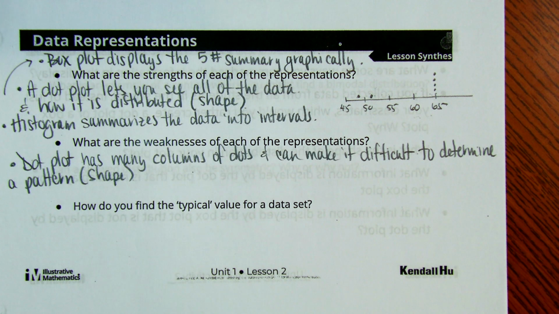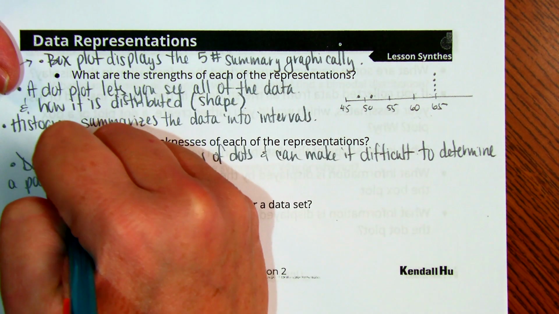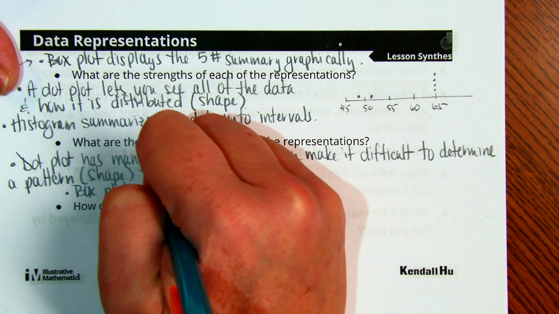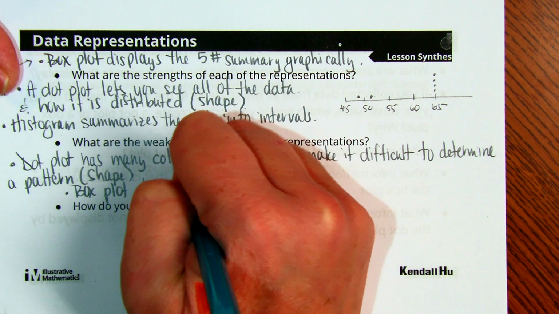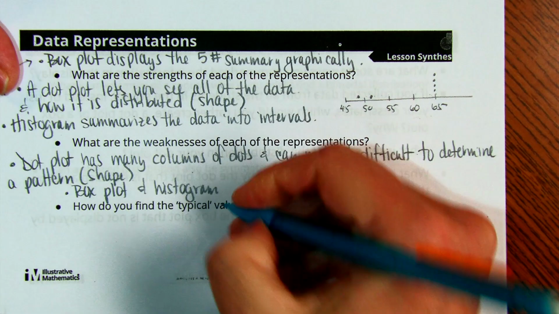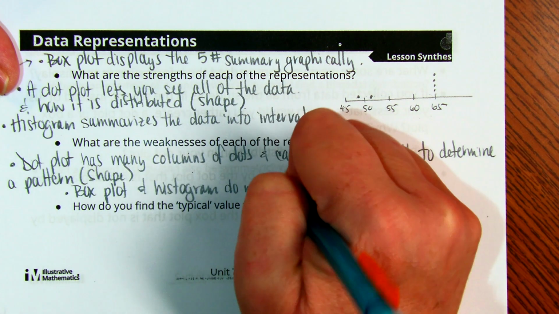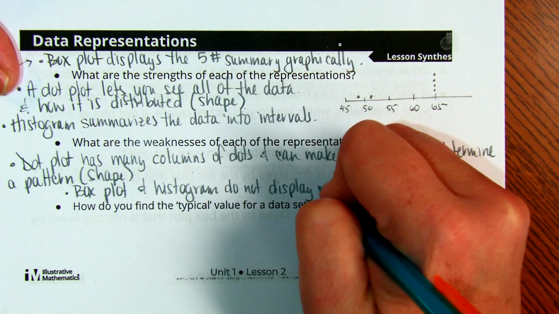Another thing that is a weakness is that the box plot and the histogram do not display individual data.